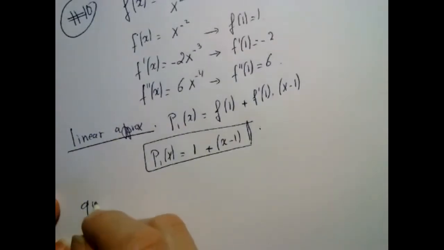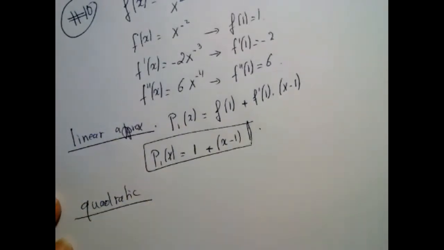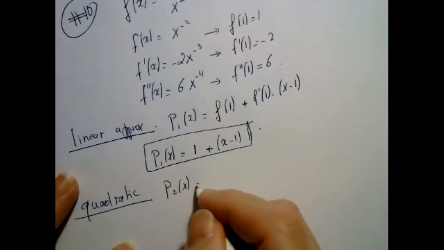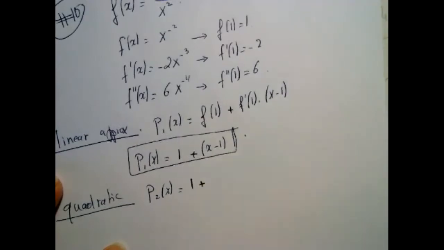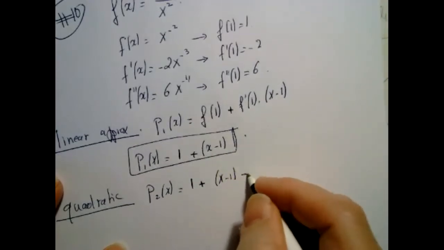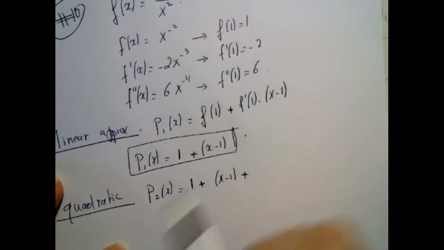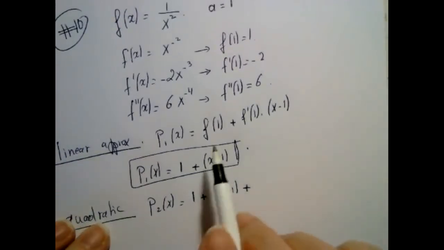Now the quadratic. Quadratic means I want P2, which is f of 1 plus f prime of 1 times x minus 1 plus the second derivative. No wait, I made a stupid mistake, didn't I? Nobody corrected me. Are you guys awake? I made a stupid mistake.